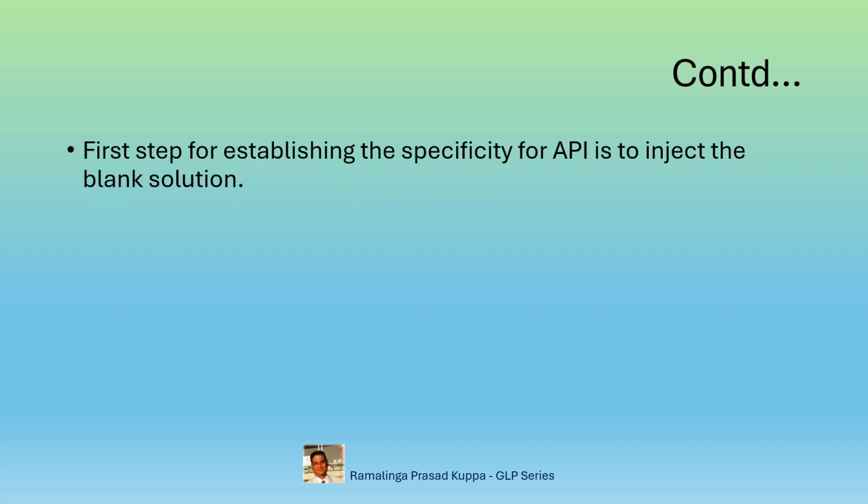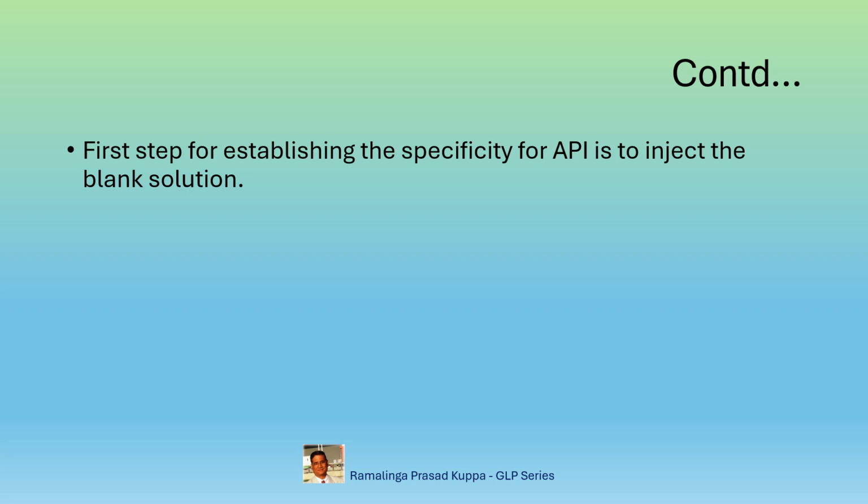First step for establishing the specificity for API is to inject the blank solution. Injecting blank solution will show if any impurities are eluting from the blank solution too. This also establishes if there is any contamination in the blank solution.